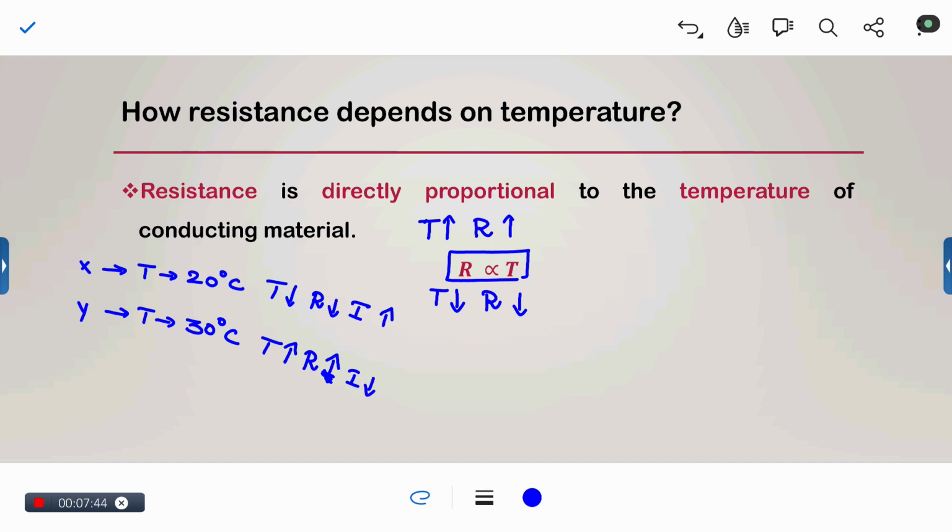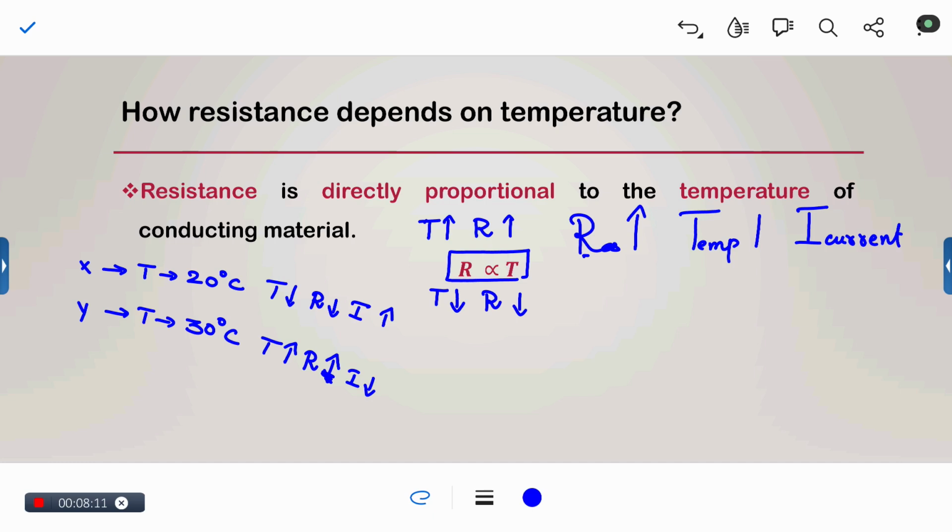In order to remember this, just remember three letters alone: R, T, I. Just remember the first three letters of RTI, the Right to Information. Here R stands for resistance, T stands for temperature, I stands for current.